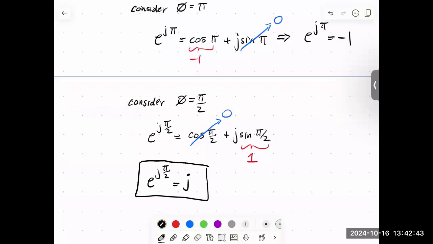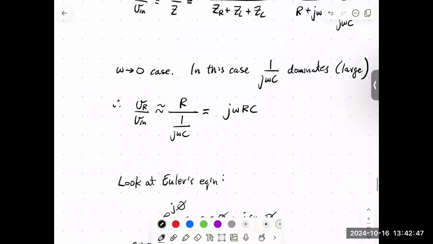Well, hold on. That's kind of interesting because if we go back to here, I have a j. So I could write that if I wanted to as e to the j pi by 2.